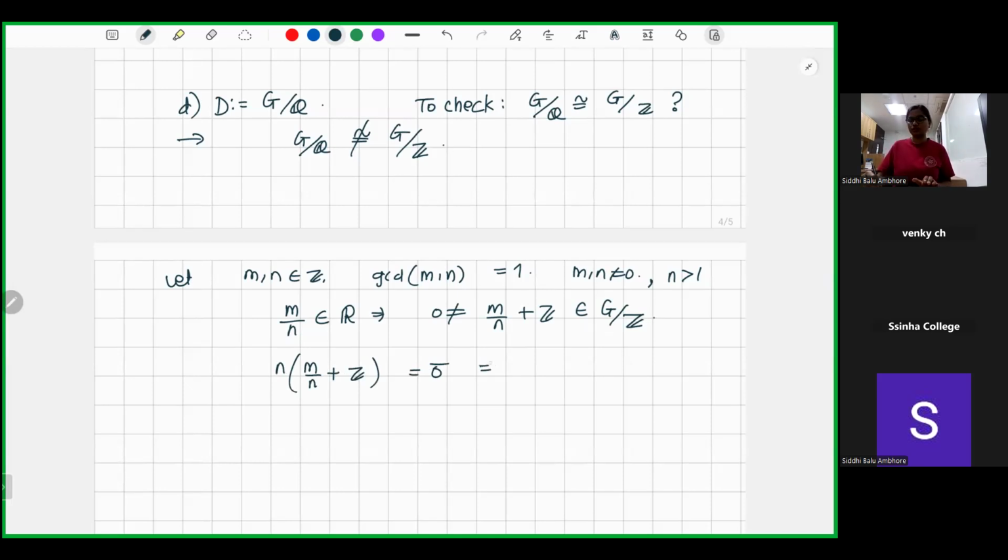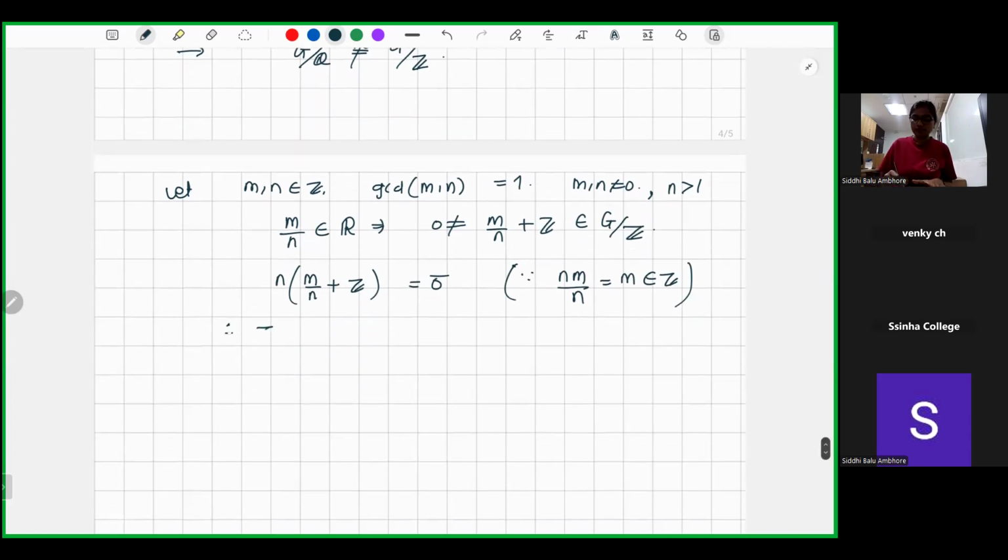You can check because n times m by n is m, which belongs to Z, and that's why this becomes 0 in G quotiented by Z. So I have an element of finite order in G quotiented by Z. Or if you want, 2 by 3. Order of 2 by 3 plus Z is 3. Okay, that's it. We got one explicit example.